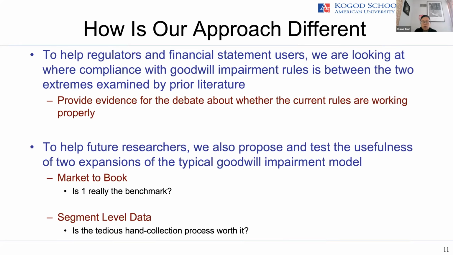I know goodwill is a frequent topic in these comment letters. With your 85 versus 15%, are the 15% more likely to receive comment letters or not? Is there any predictability in your sample in that way?